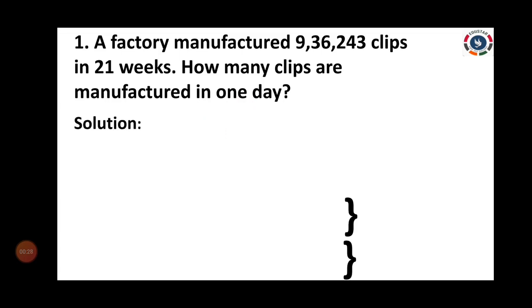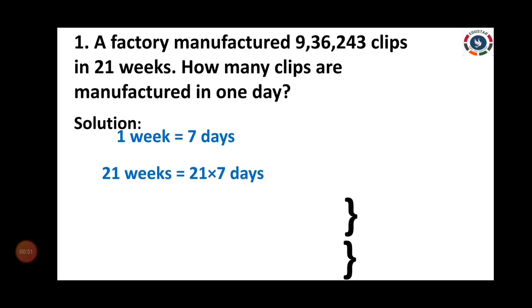Solution. First, we have to convert the 21 weeks into number of days. They are asking for days, but the question gives weeks. So we convert the weeks into days. First you write: 1 week equals how many days? 7 days. Then how many days are there in 21 weeks? That we want to find first.